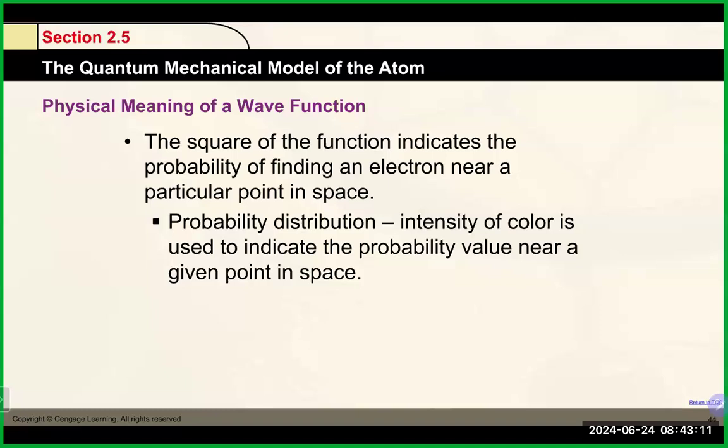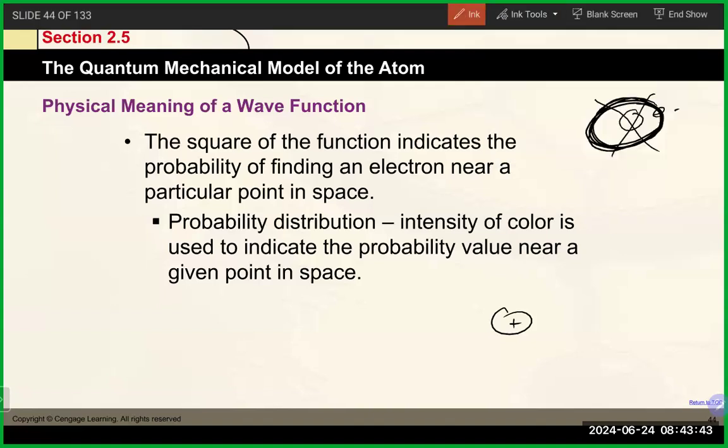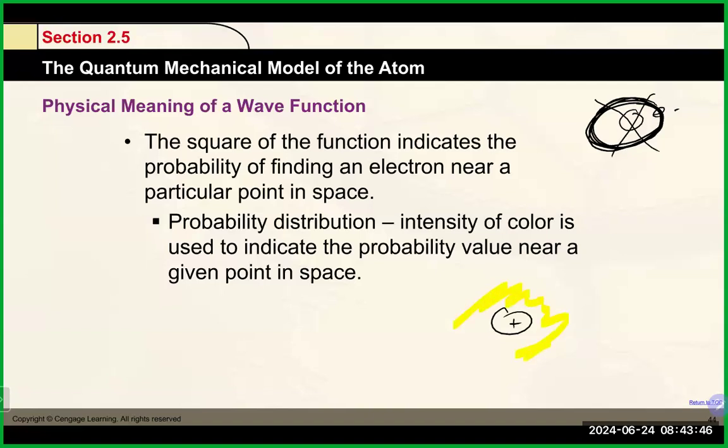But the idea behind Heisenberg and Schrodinger and his equation is there is a probability of finding an electron. So instead of knowing for sure, like in Bohr's model, that I know an electron's in this orbit and it's traveling around in circles around the nucleus, we have the nucleus, not really sure exactly where the electron is at any given moment in time, not sure exactly how it's moving, but I do know that within the nucleus or near the nucleus, there's a pretty good probability that you're going to find an electron in that area, right?